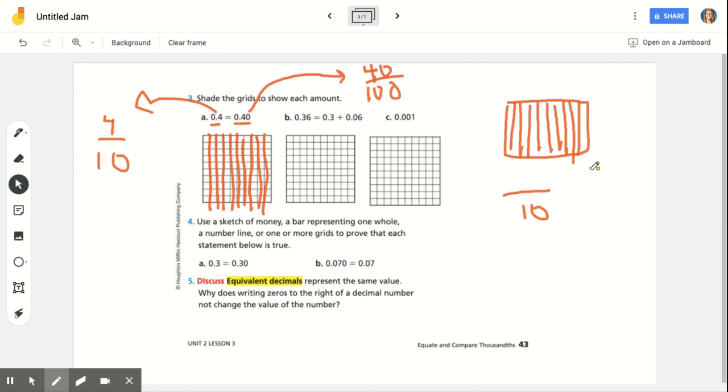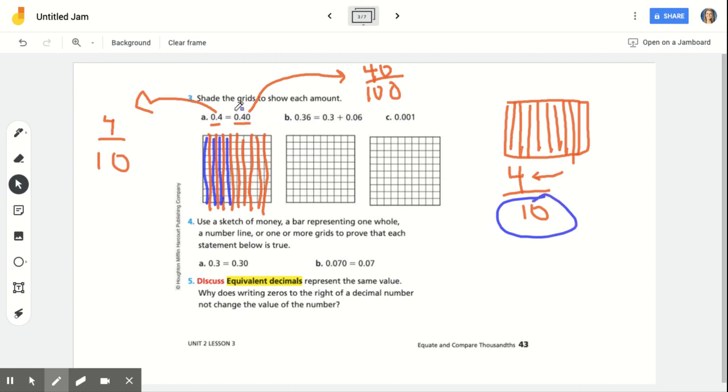And if I'm looking for 4/10, how many total pieces would I be shading? 4. Okay, so carefully, I know mine is probably going to be much messier than yours. Carefully shade in 1 piece, 2 pieces, 3 pieces, 4 pieces. 4 pieces out of a total of what we ignored was 10.